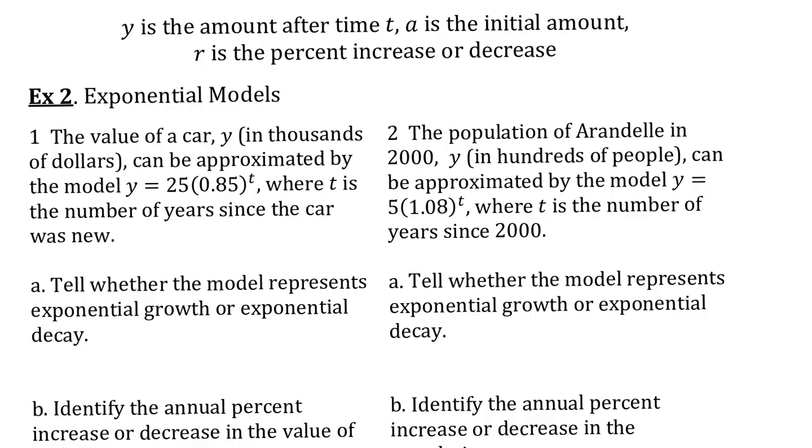To figure that out, I just have to look at the base. I don't have to graph it. The base is whatever the exponent's on, so the base is 0.85. 0.85 is lower than 1, so this is going to be exponential decay. And why? Because 0.85 is lower than 1.